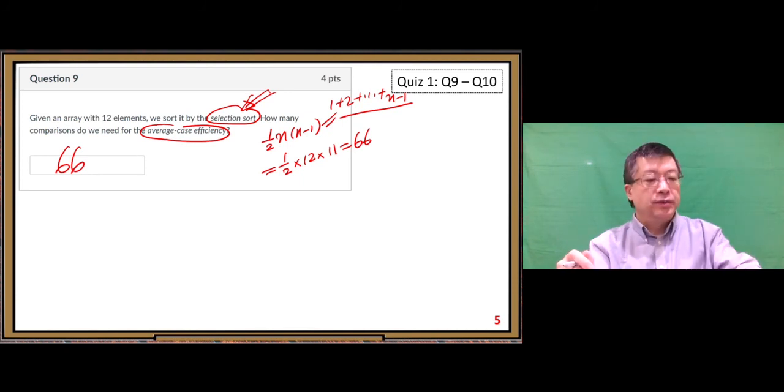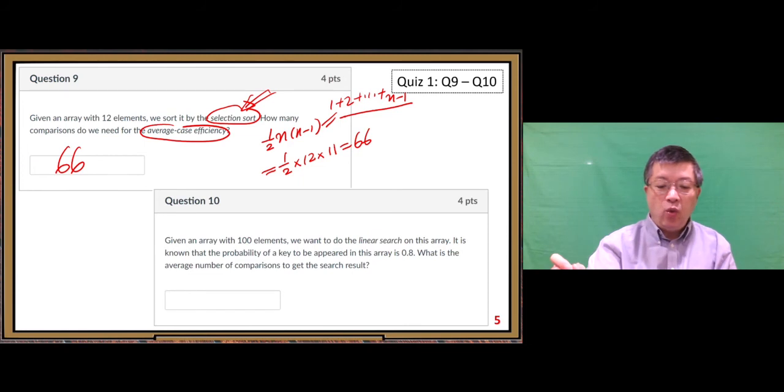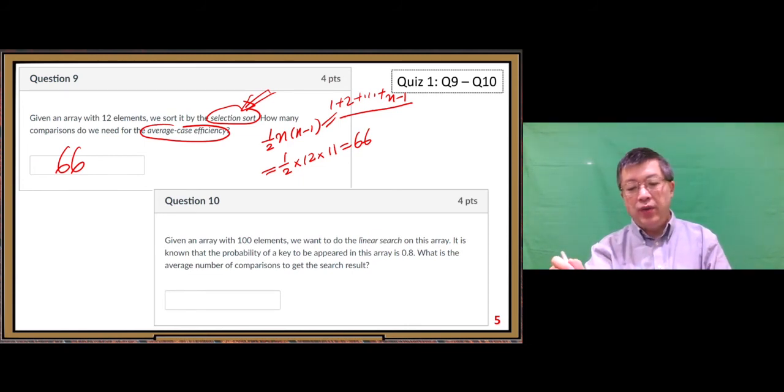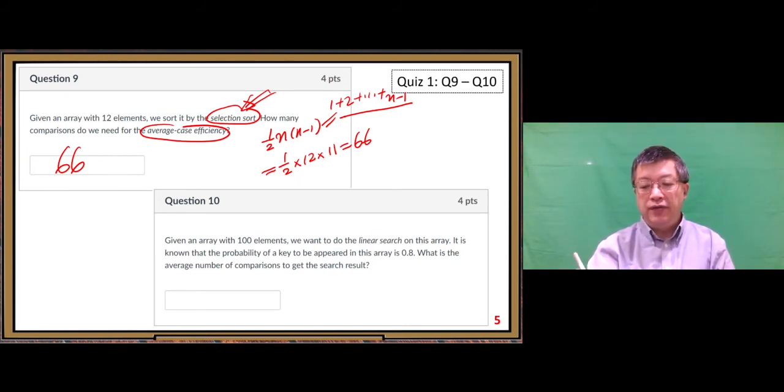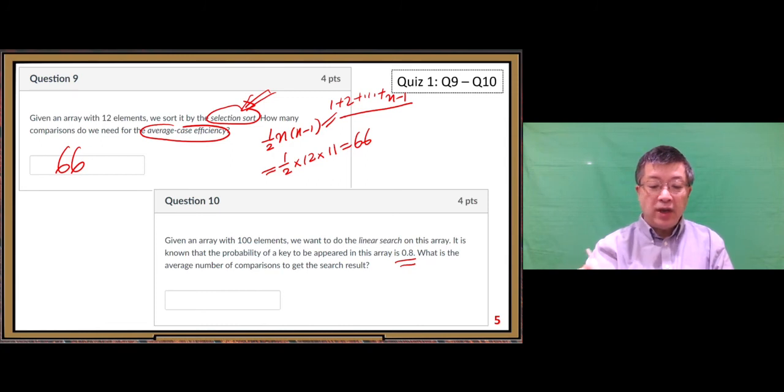Last question. Question number 10. Given an array with 100 elements, we want to do a linear search on this array. It is known the probability the key appears in the array is 0.8. What is the average number of comparisons to get the search result?